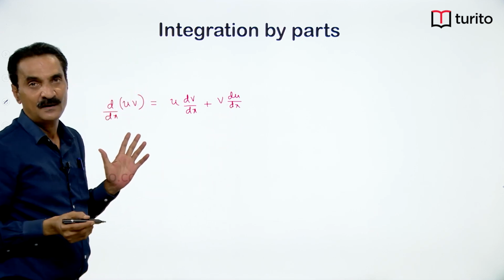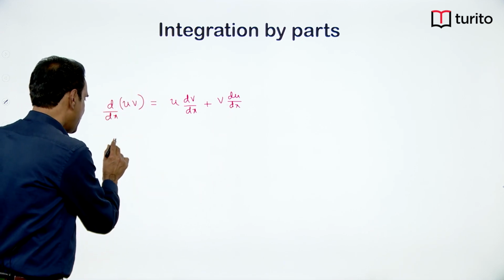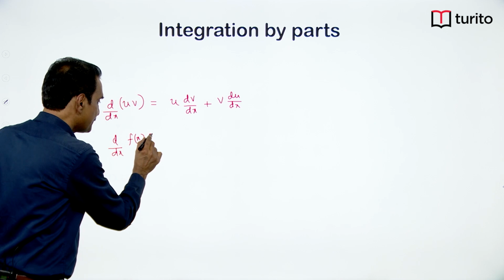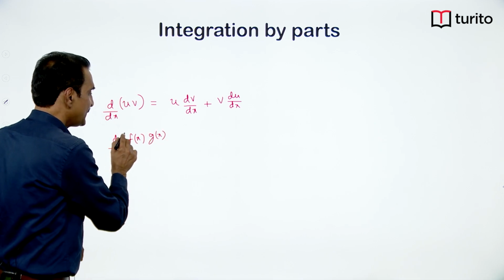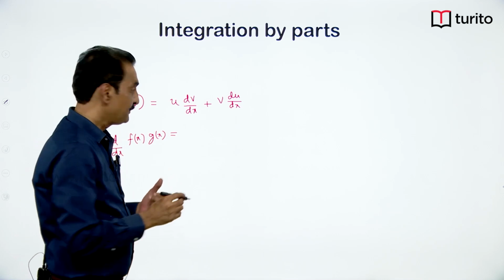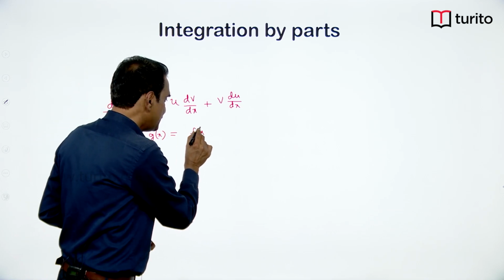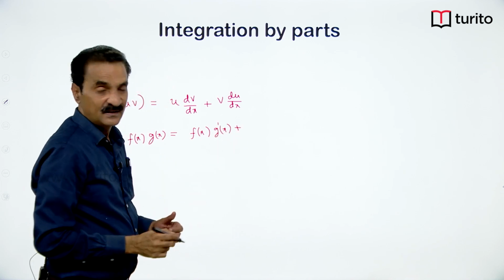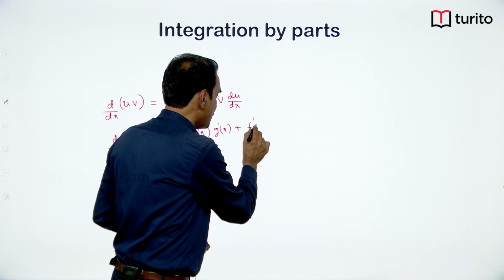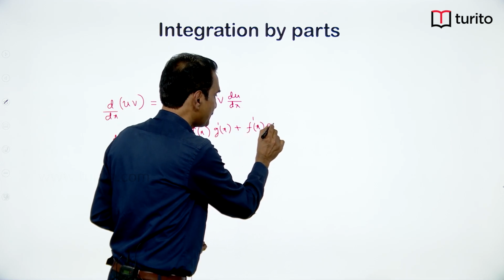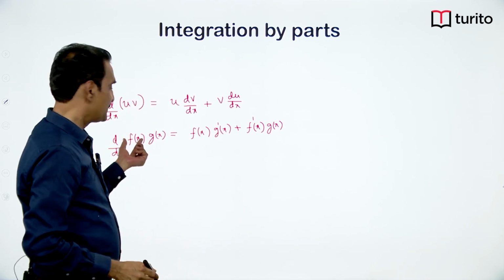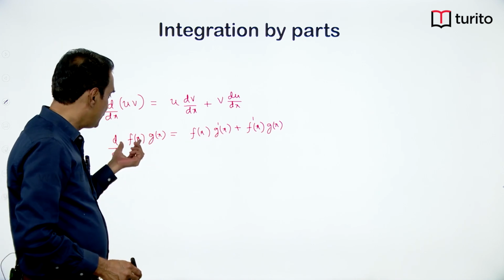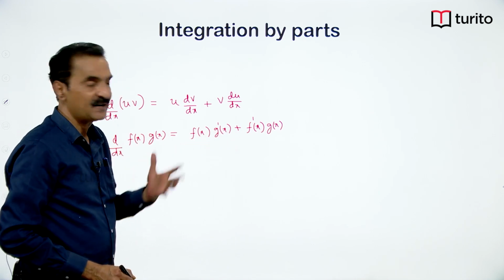All of you are aware of this formula, or you can write d by dx of the product of two functions f of x into g of x is equal to f of x into g dash x plus f dash x into g of x. We differentiate g of x first, keeping f of x as it is, then we differentiate f of x keeping g of x as it is, and we add.